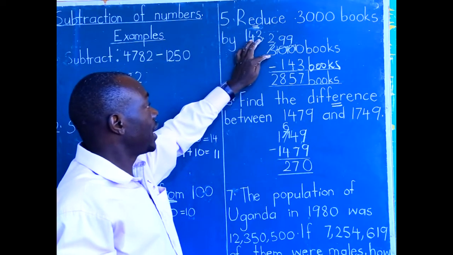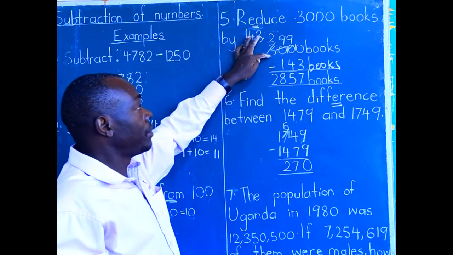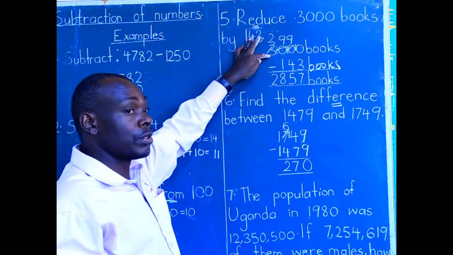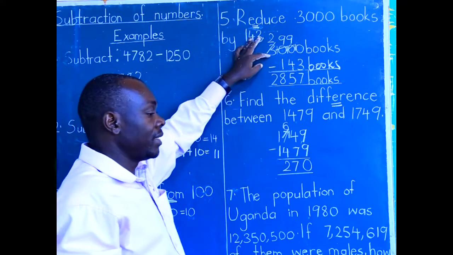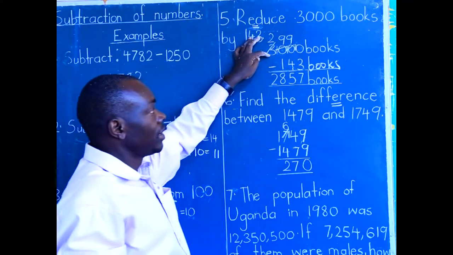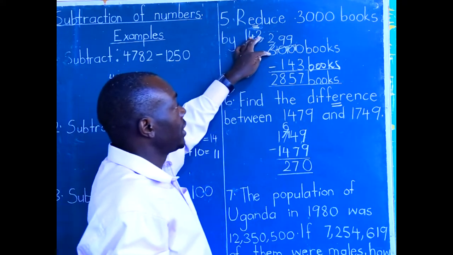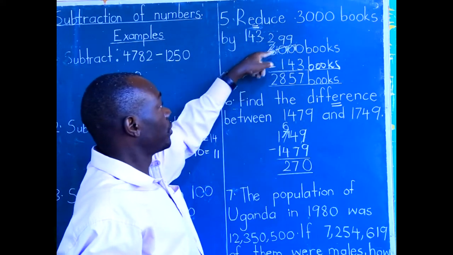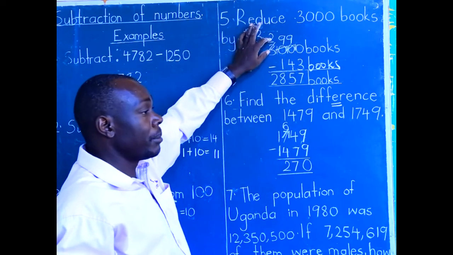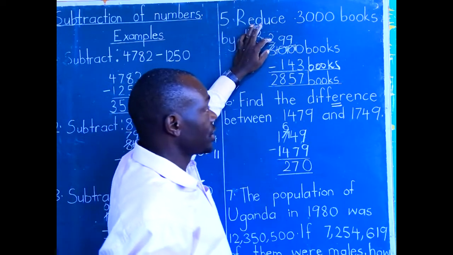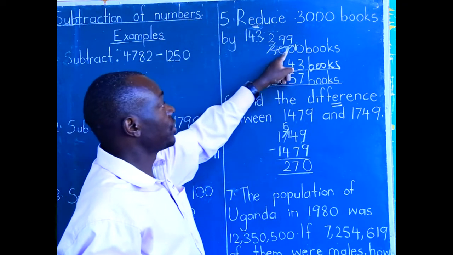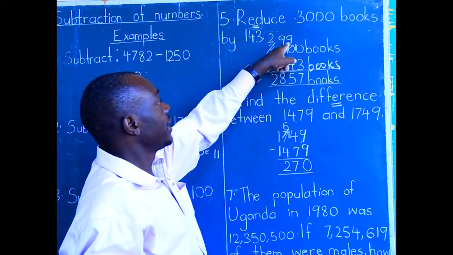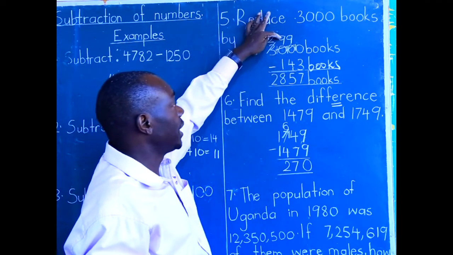So remember, as we borrow, the neighbors that had zeros must also first share, and then they are supposed to lend us also. So we borrow from 3, remain with the 2. And remember, the 1 we borrow is equivalent to 10, which 10 plus 0 is equal to 10. And then we borrow from 10, remain with 9.